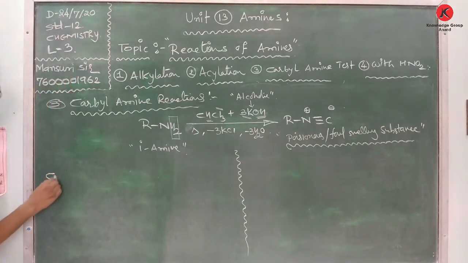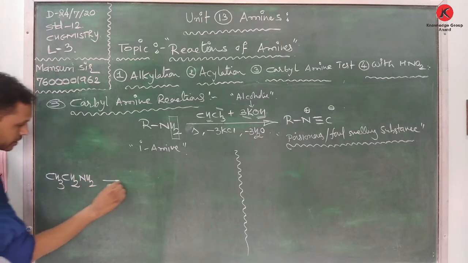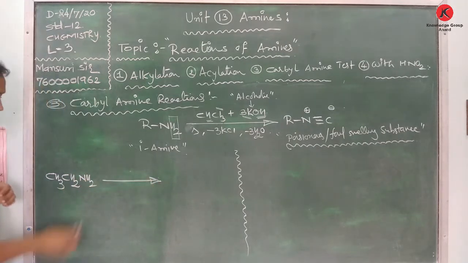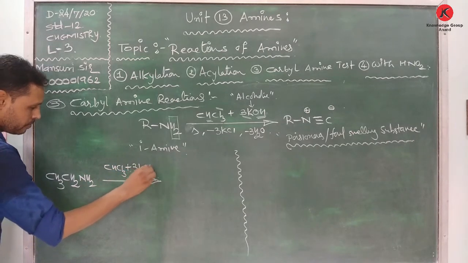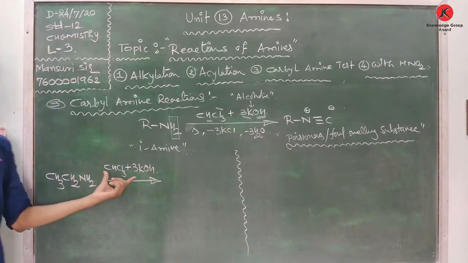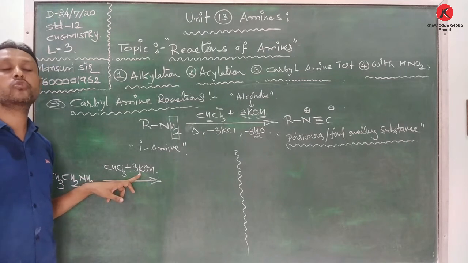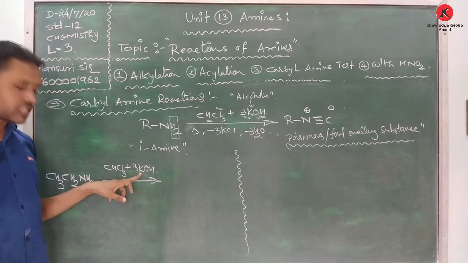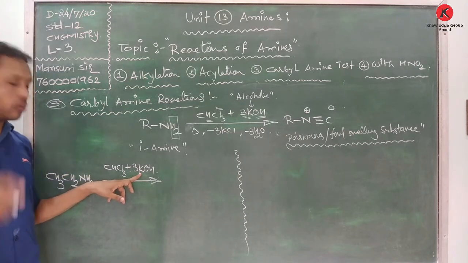Okay, here CH3CH2NH2 reacts with the mixture of chloroform and KOH. If you are not using KOH, then you can use sodium hydroxide. This is potassium hydroxide; in place of this KOH, you can put NaOH also.